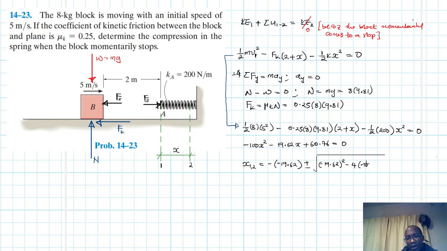Our a is minus 100 and our c is 60.76. And we are dividing everything by 2a, which is 2 times minus 100. So we are just looking for the positive value. So x is 19.62 squared plus 4 by 100 by 60.76, square root of that, we have that.